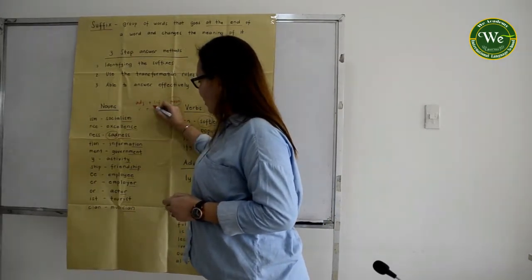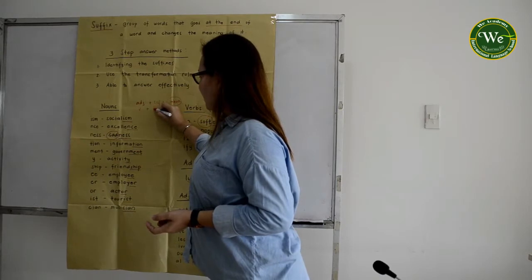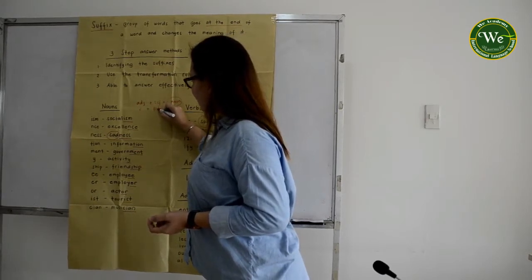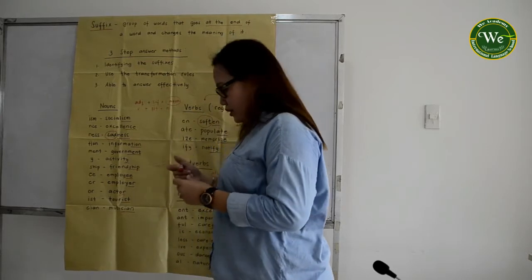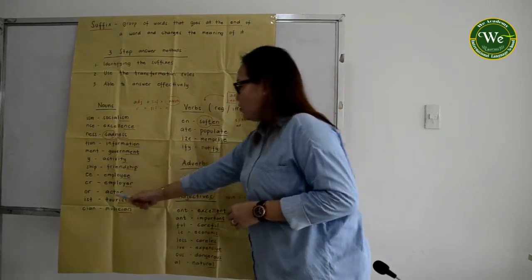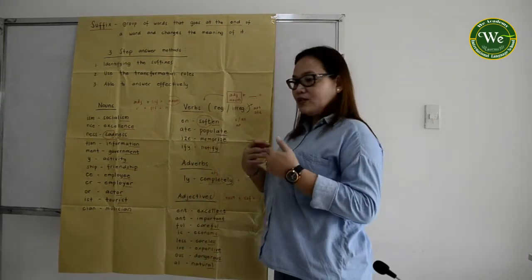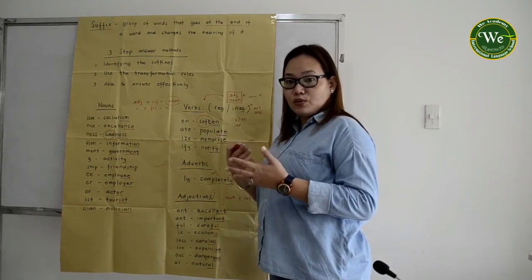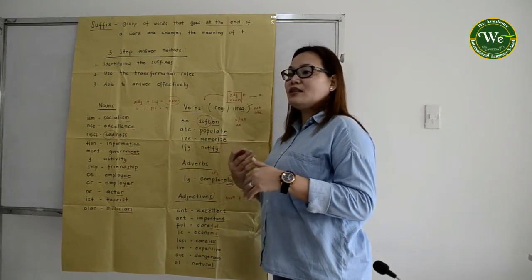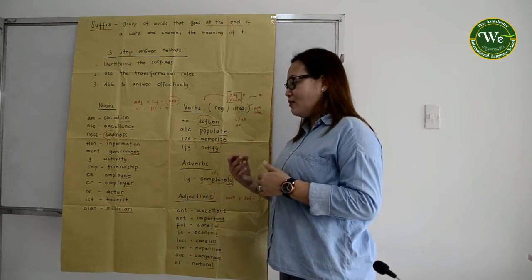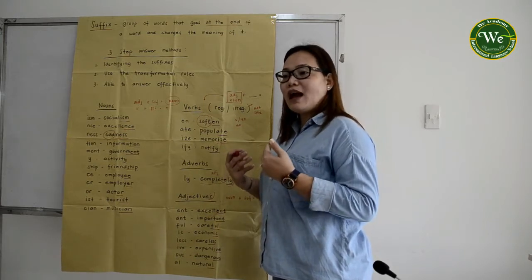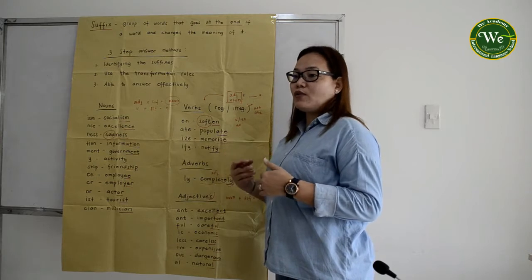When you add the suffix or, it becomes a noun. So when you say or for this one, it means a person who does that certain action. For example, act. When you act, you are of course an actor.